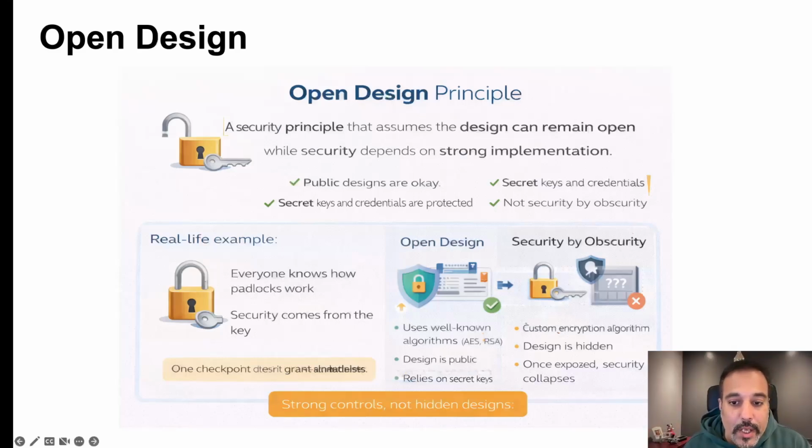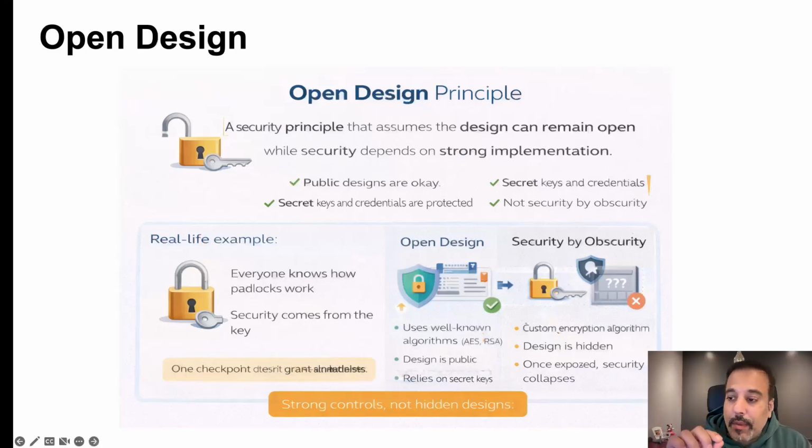If you are implementing encryption or hashing, you should use the industry standards instead of developing your own custom one. Because if you develop something custom, there is a high chance it can be broken.